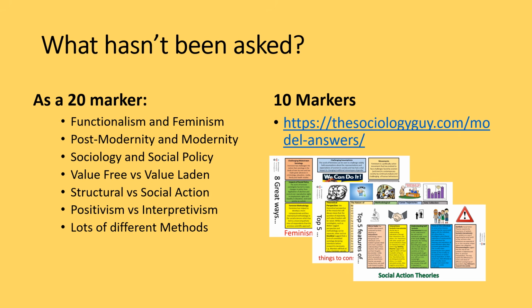Postmodernity and modernity. This is quite a nice question, because what you would put forward is one side that yes, we are living in a postmodern age, and you might talk about things like greater family diversity, greater inclusion in society, greater risk, and then argue that no, actually we're still in a modern society because structures like class, gender and ethnicity still exist, and you can maybe point to educational results and say, yeah, working class are still underachieving, and we still see exploitation of certain groups.